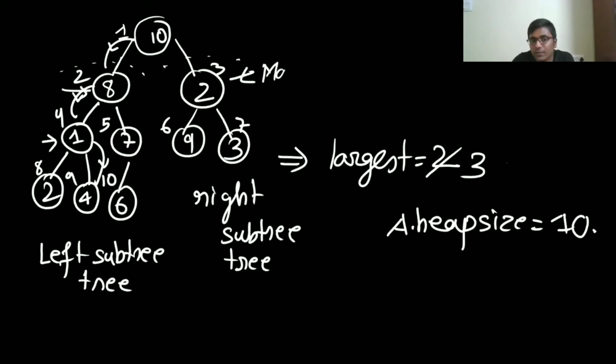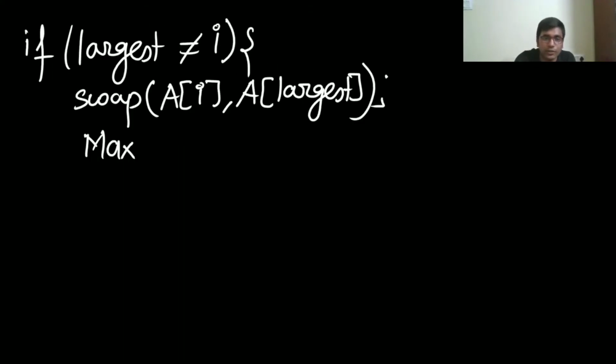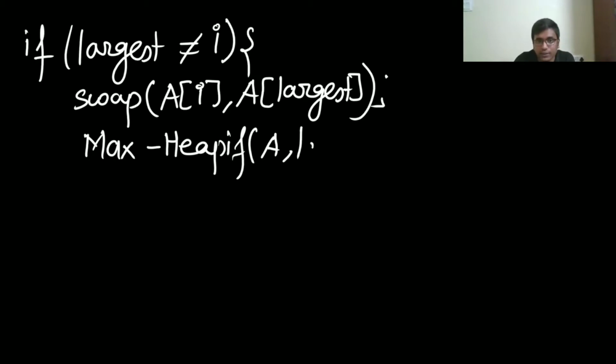Now you have to call Max-Heapify here on the array and on the largest index. So the index where you are going to call Max-Heapify is A on the largest. Okay. Am I clear? Now you close the function.